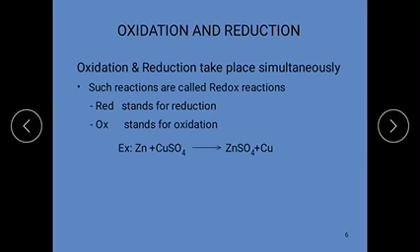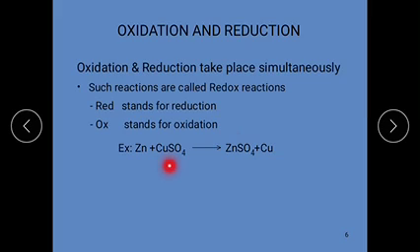In this, zinc is converted to zinc sulfate. Here the zinc oxidation state is 0, and then the zinc oxidation state is plus 2. An increase of oxidation number of an element in a reaction is called an oxidation reaction.